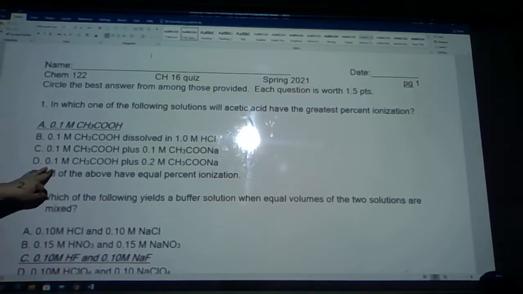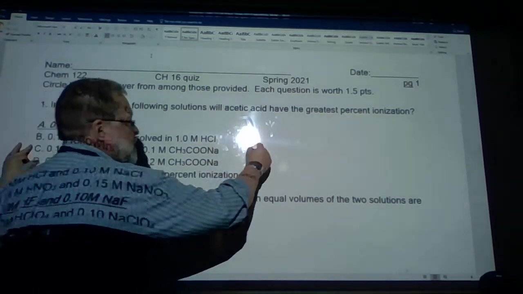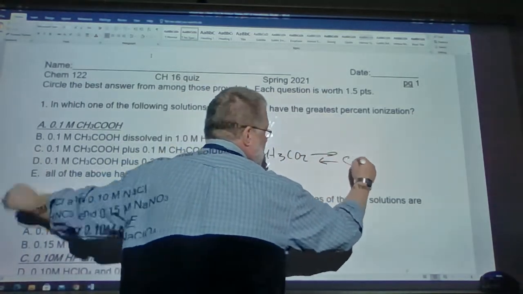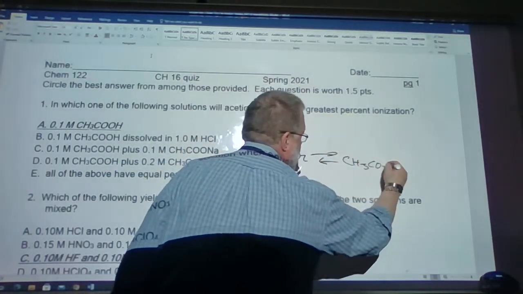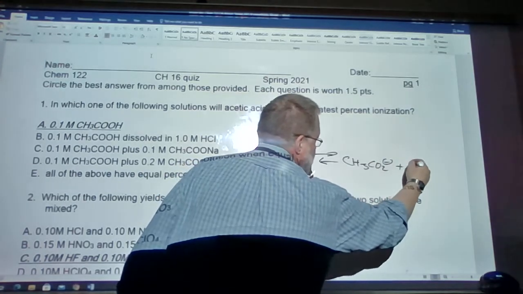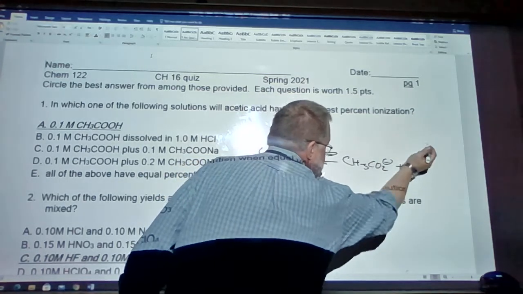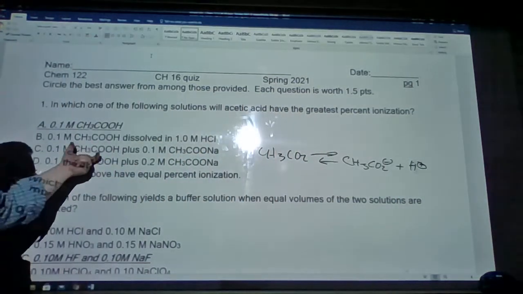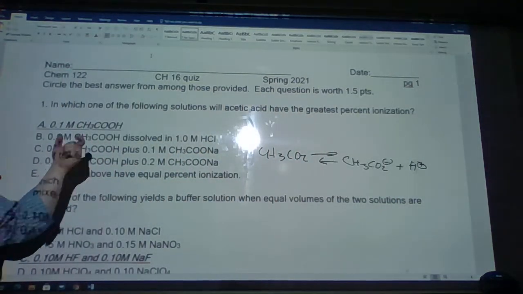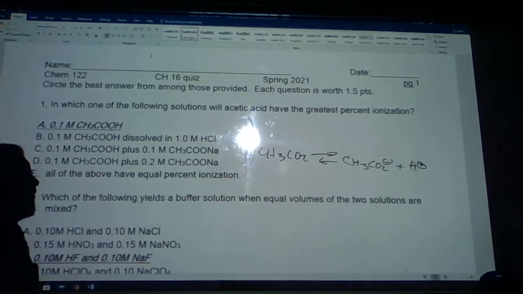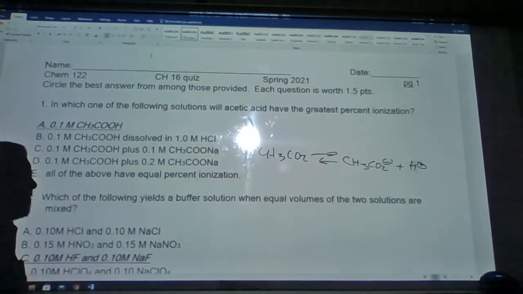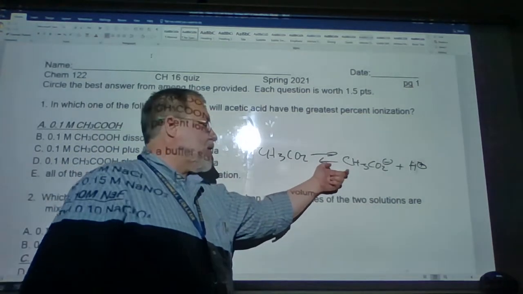In all of these, with C and D, you have the acetic acid in equilibrium with its ions. If you just had acetic acid, you'd have that equilibrium. But if you had added acetate anion, this is an equilibrium system.